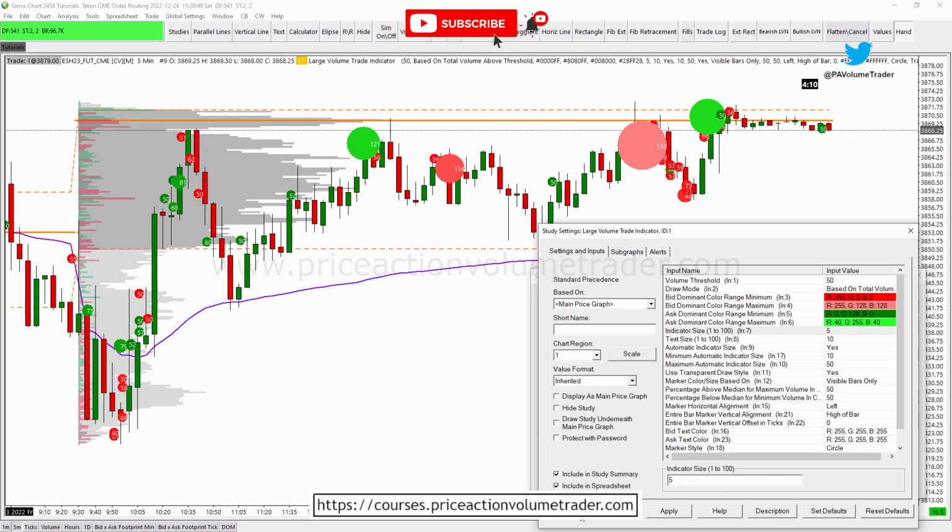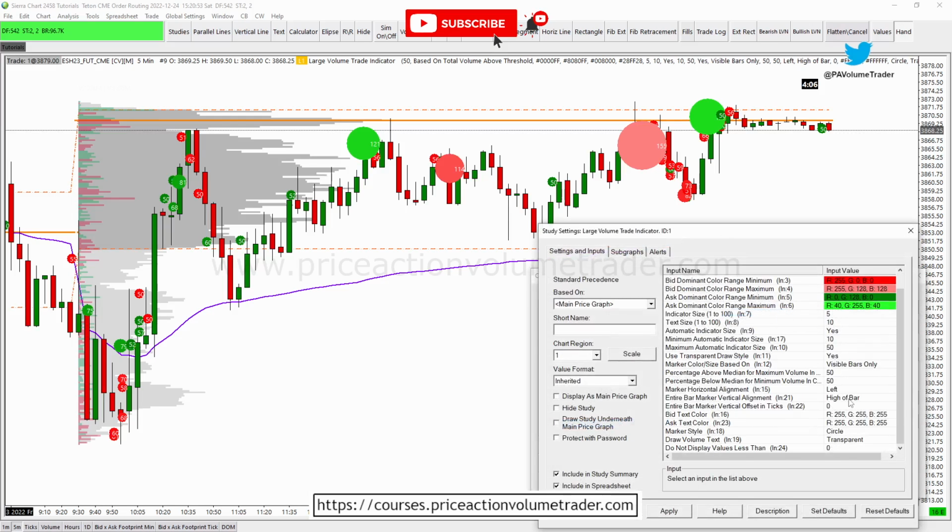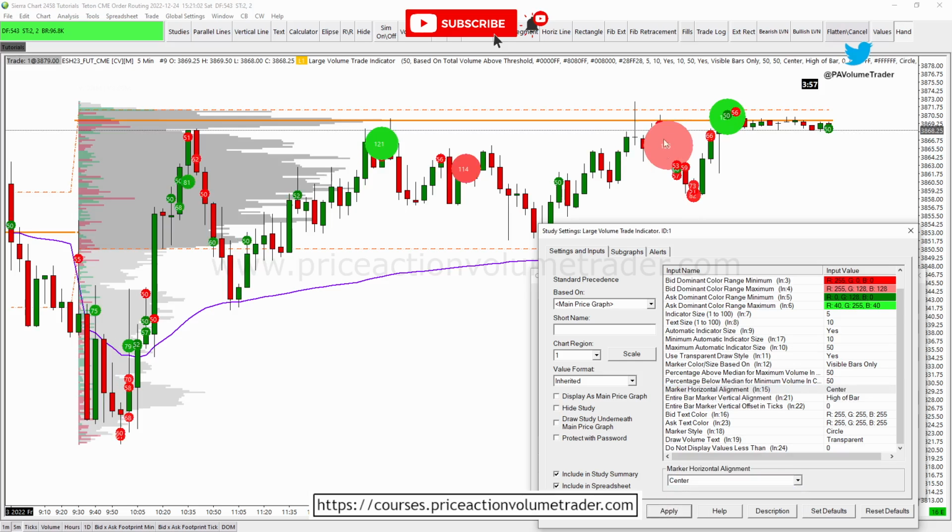Okay, so let me see, how did I, marker horizontal alignment, center. Okay, that's it. Under marker horizontal alignment, I set that at center, so that way the bubble is right in the middle.